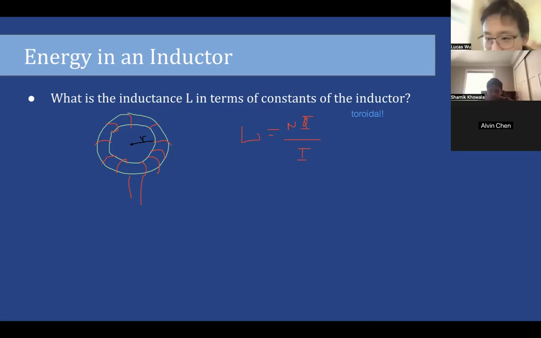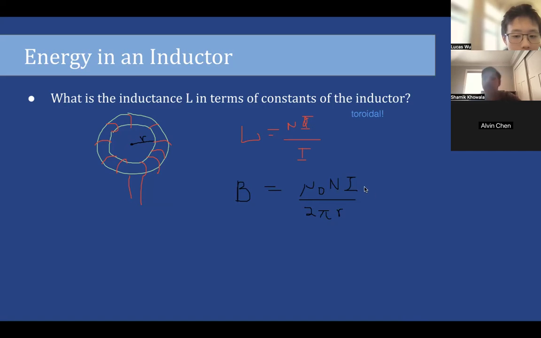Maybe one more minute to think about this problem and we'll go over it. As a hint, remember that the magnetic field due to a toroid is mu zero times the number of turns times the current through it over 2 pi r, where r is the radius.